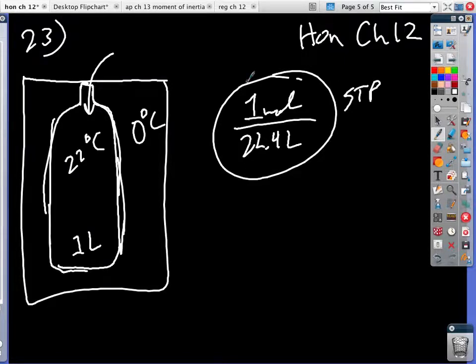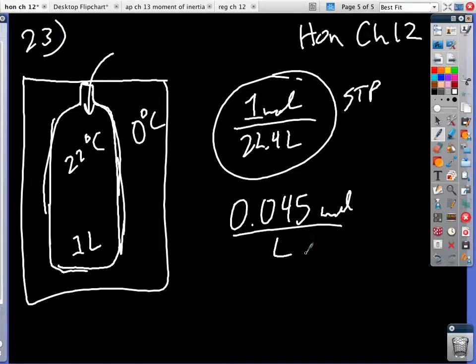So then you can find out, if you just divide this, how many moles there are per liter, right? What does it come out to be? If I just do 1 divided by 22.4, then I get 0.045 moles in 1 liter of gas.